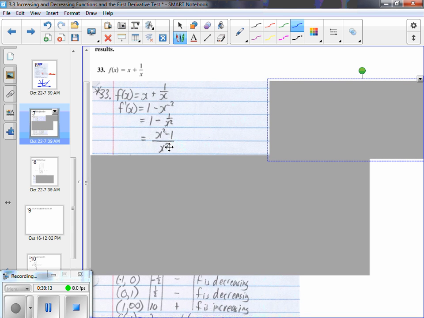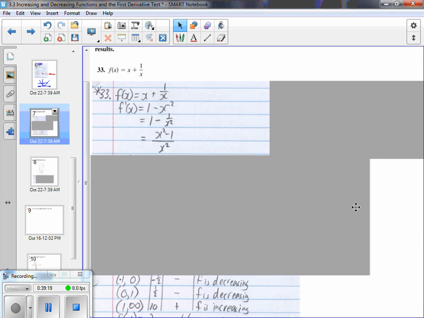So I want it as one fraction so that I can have a numerator and a denominator. It's very difficult to find where the derivative does not exist unless you have it as one fraction. So f prime of x equals x squared minus 1 over x squared.